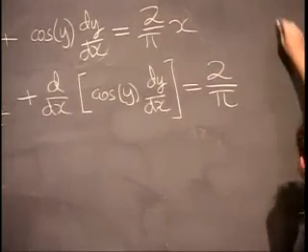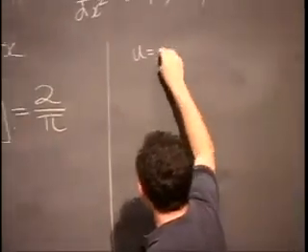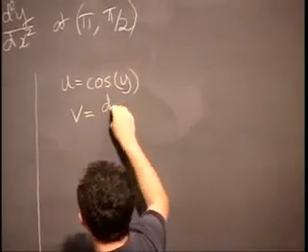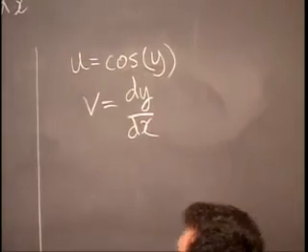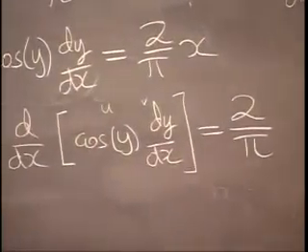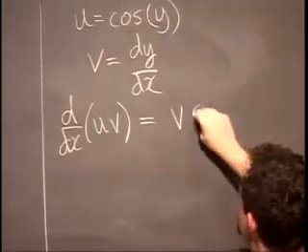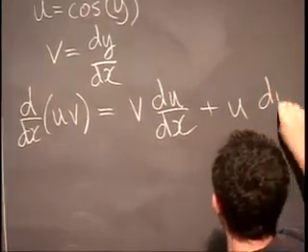And so let me take another set of working here. Let's let u equal cosine y and let v equal dy dx. And we really want to find the derivative of uv. So d dx of uv is v du dx plus u dv dx.